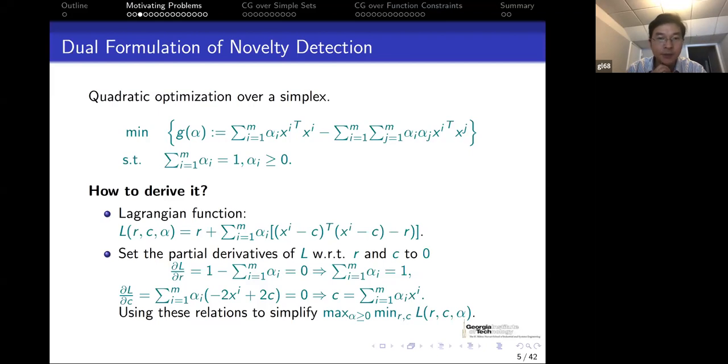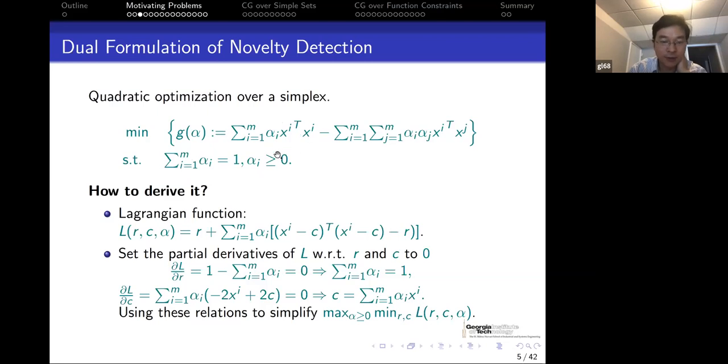The dual of this novelty detection problem is actually a quadratic optimization over a simplex constraint. As you can see, the objective G(alpha) is a quadratic function, and the constraint is summation of alpha equal to 1, alpha is non-negative. So it's a standard simplex.